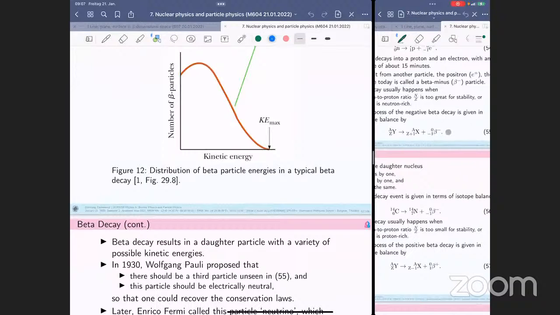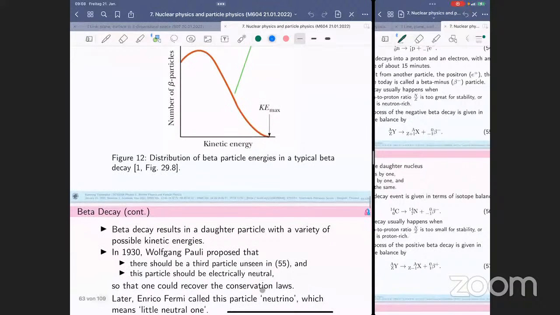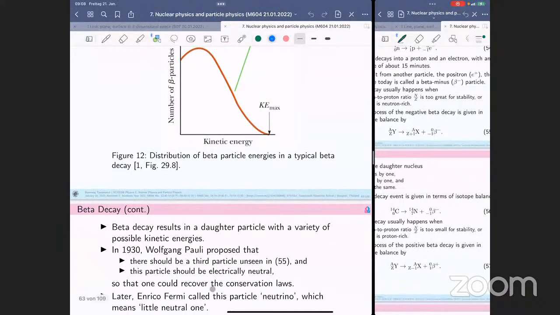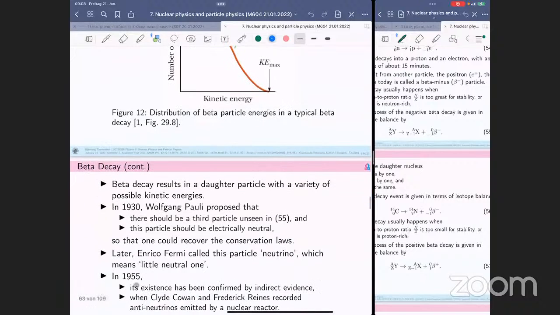So an additional particle here should not break the charge conservation. It means this new particle, which is missing here, should be neutral. It has no charge value at all. So the conservation law would be preserved.